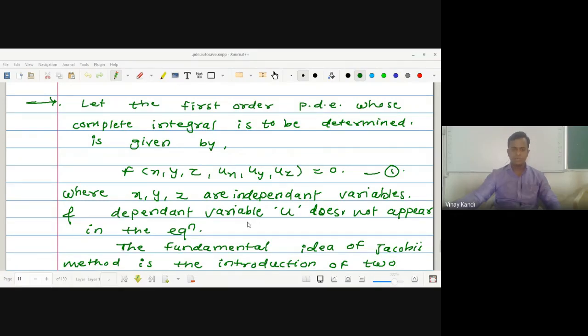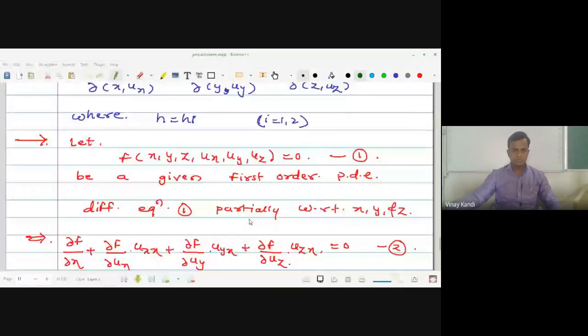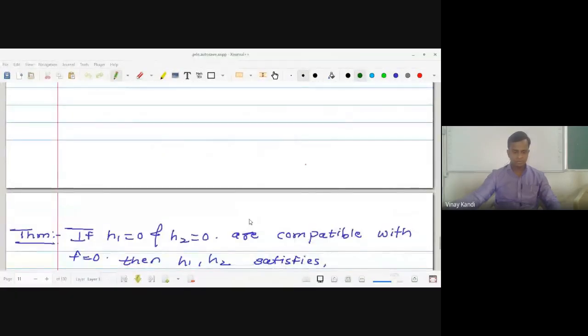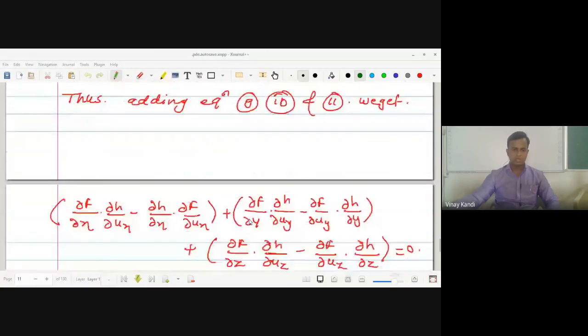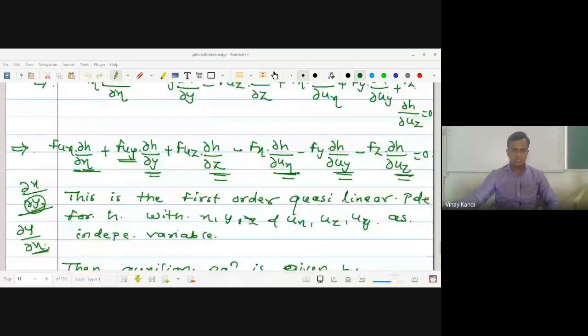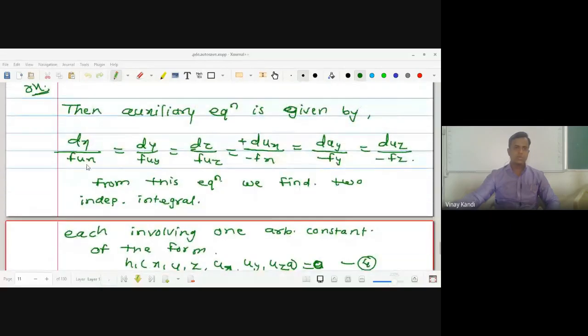This type of equation we solve by using Jacobi's method, whose auxiliary equation is dx upon fux equals dy upon fuy equals dz upon fuz equals dux upon minus fx equals duy upon minus fy equals duz upon minus fz.